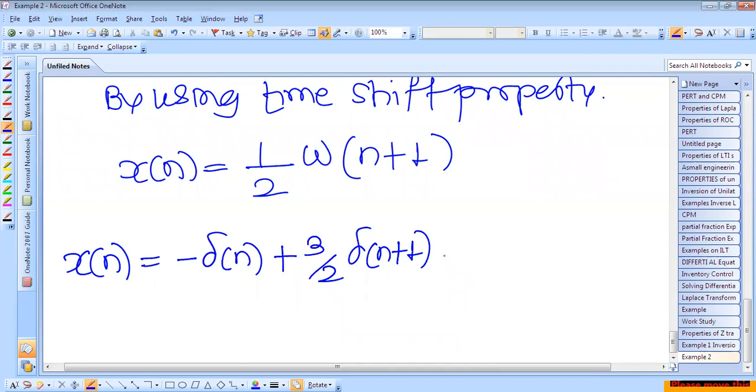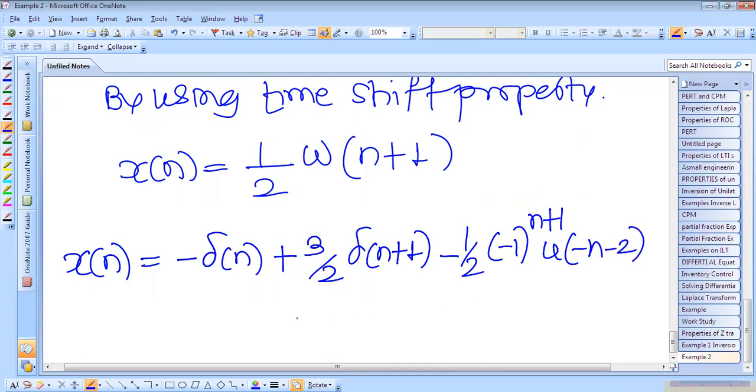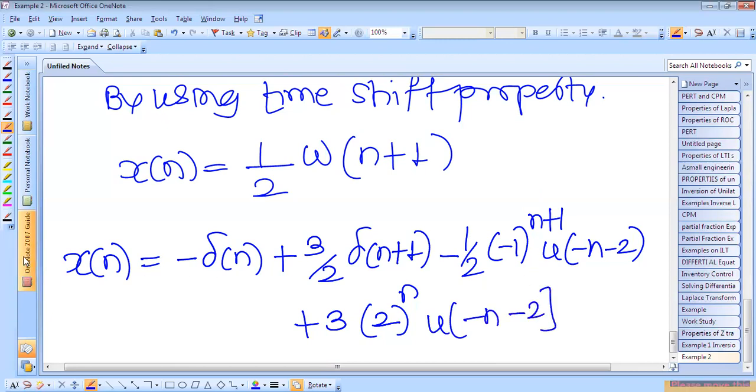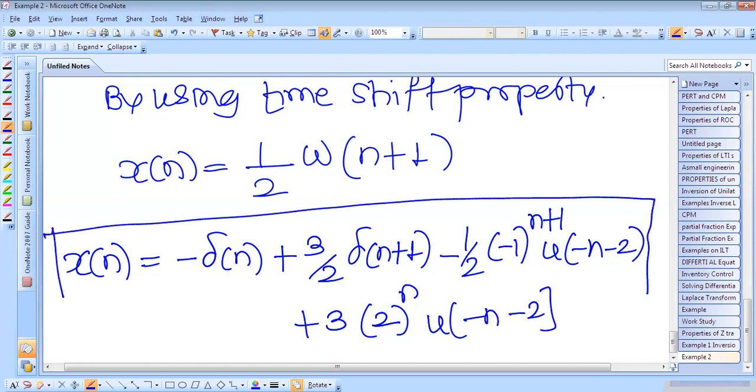Next is minus half into minus 1 raised to power n plus 1, and this u of minus n minus 2. Next is plus 3 into 2 raised to power n into u of minus n minus 2. So this is the inverse transform of the given function.